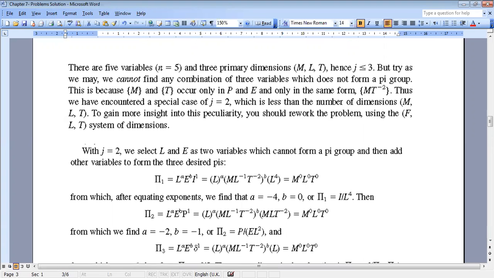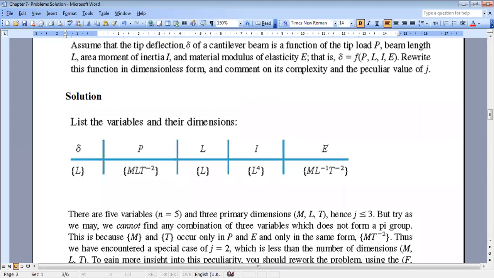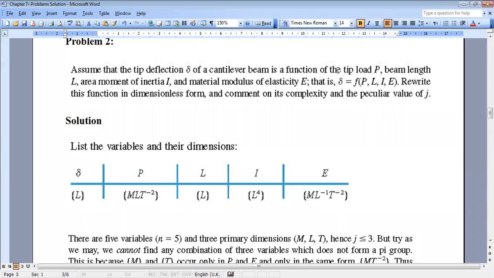Let's say, in general, because here my problem is that delta is the variable that I want to find as a function of the others, I will not use it as one of the independent variables. My purpose is to express the deflection as a function of the other variables. So don't take it as one of the independent variables. Try to take something else.